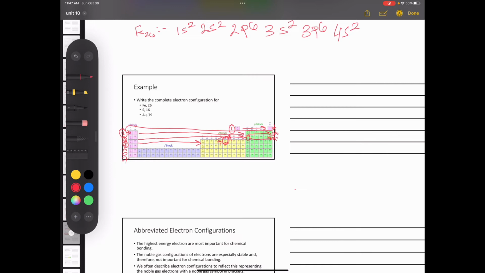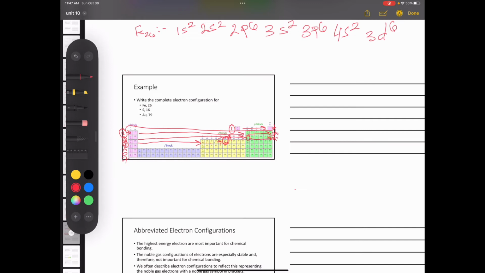Now what comes after the 4s orbital is the 3d block. So I'm going to write 3d. And next I have 1, 2, 3, 4, 5, 6 with 6 electrons. Okay? And now I stop.